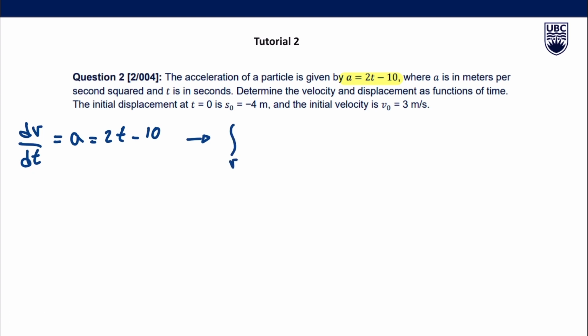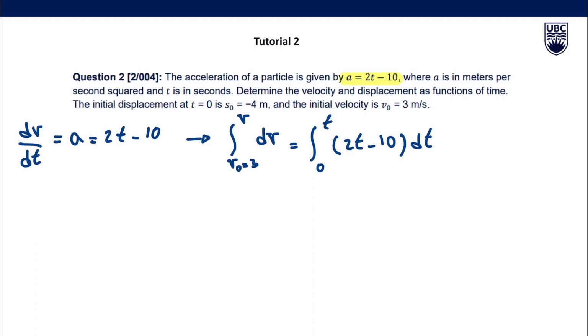So from initial velocity, which is 3, to the final velocity, dv, from 0 to t, 2t minus 10 dt.